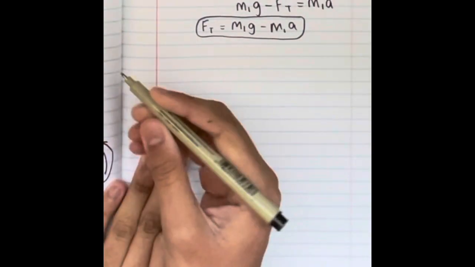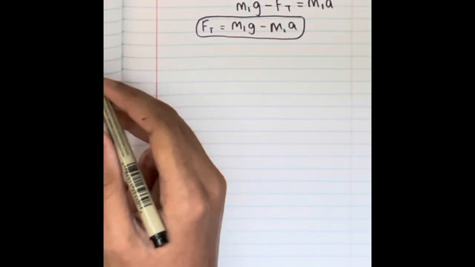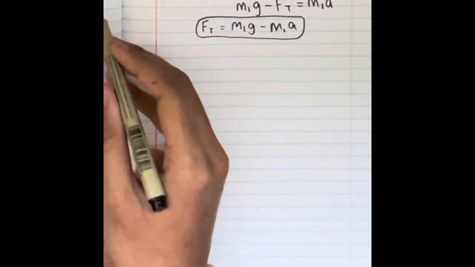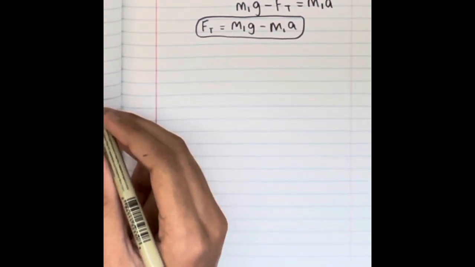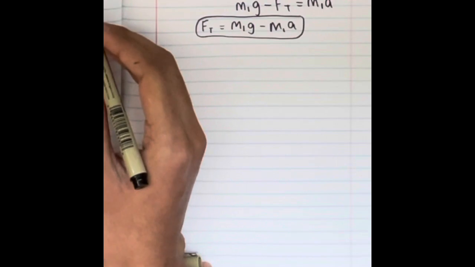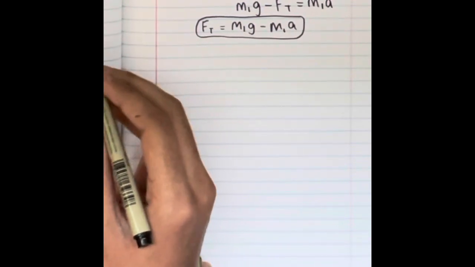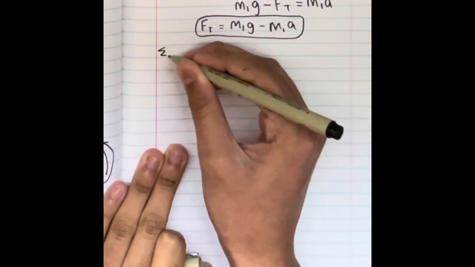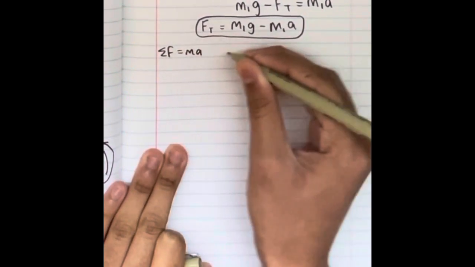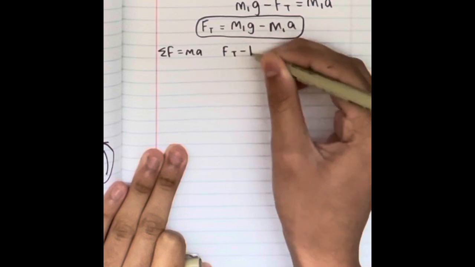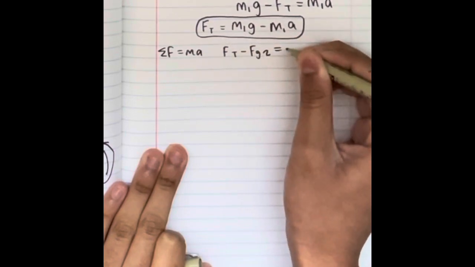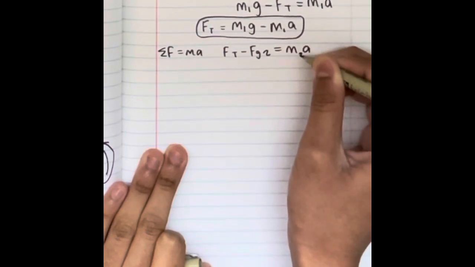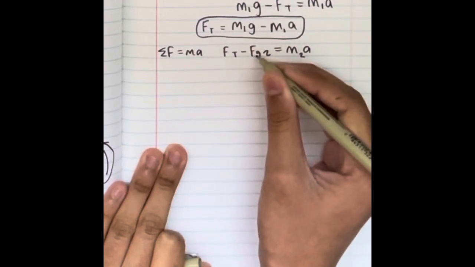For mass 2, we see that the two forces acting on it are the tension force and the force of gravity. And since the force of tension is bigger here, we'll write it as Ft minus Fg2, since they're in opposing directions. So net force equals ma: Ft minus the force of gravity of 2 equals ma, for mass 2. We can simplify this further.